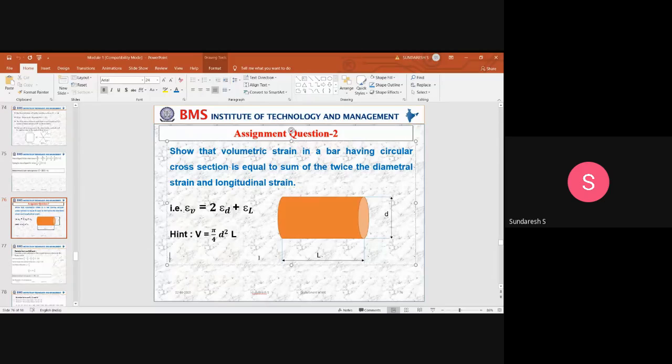This is clear, my dear students? Any clarification about this question? You have to prove this: epsilon V is equal to 2 into epsilon D plus epsilon L, where epsilon D is the diametral strain and epsilon L is the longitudinal strain. Okay, so please do this, and I will assign this in your Google Classroom.